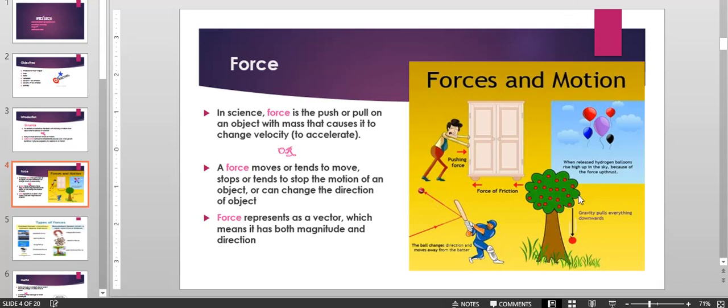In the fourth example, as we all know, gravity tries to pull everything downwards, and so is the case with this apple. Therefore, force is represented as a vector, which means it has both a magnitude and a direction.